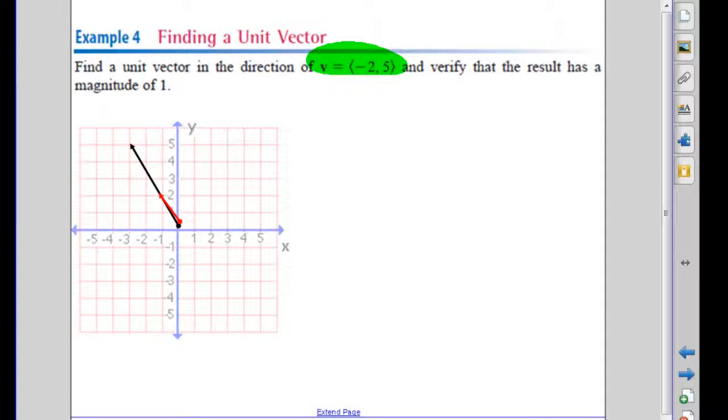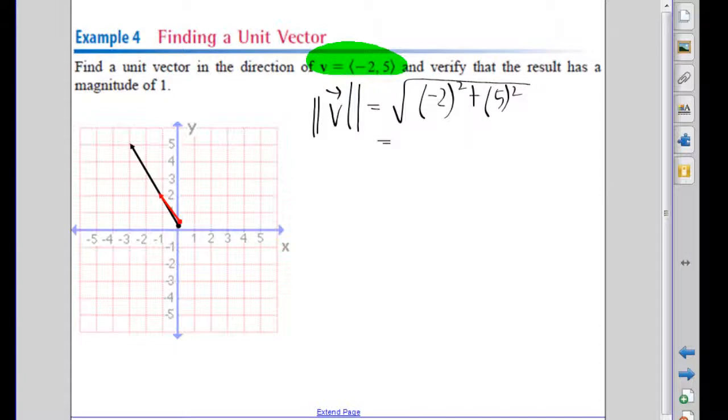In order to do that, we first need to find the magnitude of vector v. Because it's in component form, I can simply square each of the x and the y. Working on the inside, it looks like 4 + 25. So the magnitude of vector v is the square root of 29.